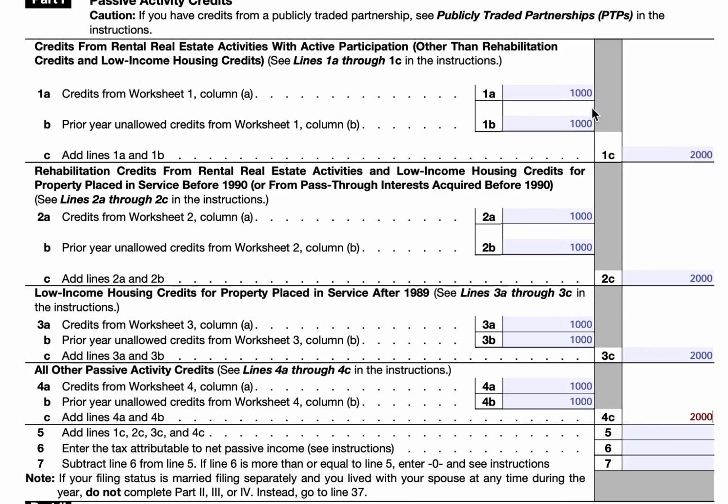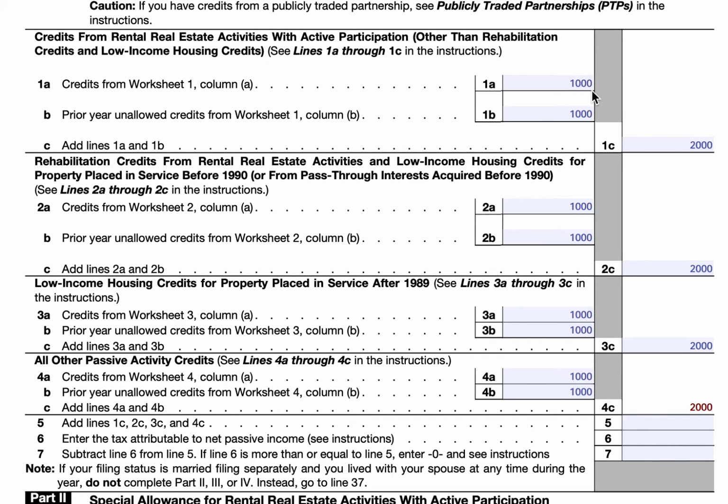Okay. In line 5, we're going to tabulate all of these C lines, so 1C, 2C, 3C, 4C, and we get $8,000 of credit.